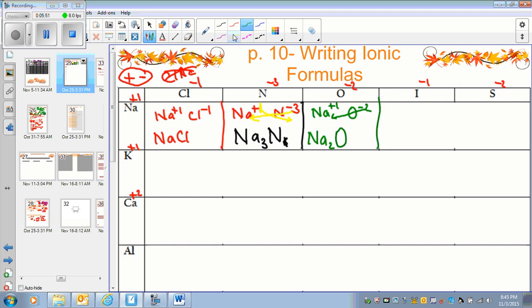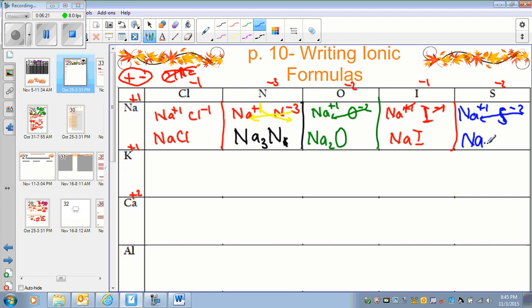All right. Next I have sodium positive 1 and iodine minus 1. So if numbers are the same, they cancel each other, and all I do is put the symbols together. Next I have sodium positive 1 and sulfur minus 2. So again, numbers are different, so 2 goes to sodium.